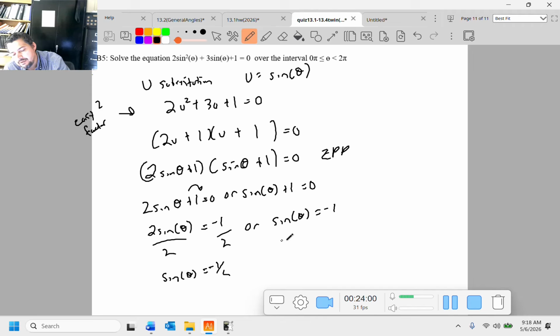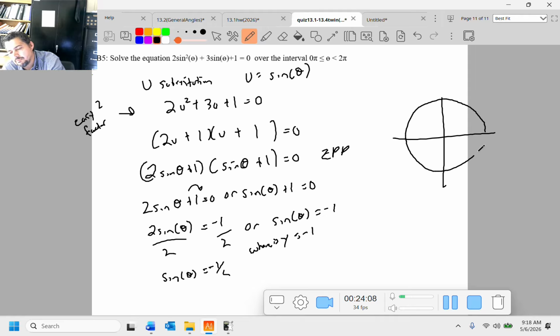Remember, sine says where is y equal to negative 1? Right here. That's 0, negative 1. The angle of interest here is 3 pi over 2. So one of my thetas, and actually I'll call this theta 3, is 3 pi over 2.